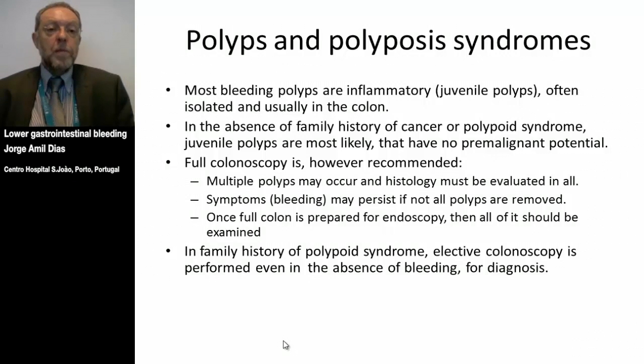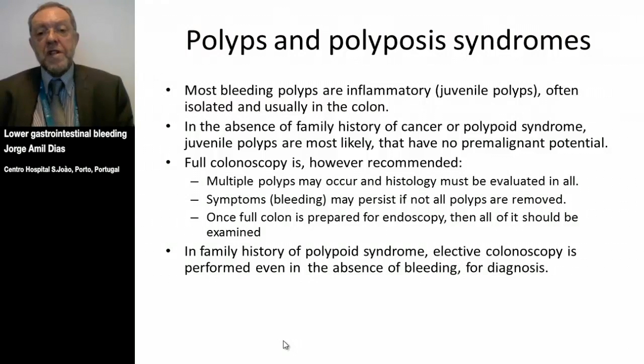There may be multiple polyps, and histology must be evaluated in all of them because there may be a chance that some of them are slightly different from the others, and the symptoms may persist if not all polyps are actually removed. And although most of the polyps lie in the left colon, once the full colon has been prepared for colonoscopy, why not check the whole colon and then reassure the patient and the family that we did not leave any other lesions in the colon.